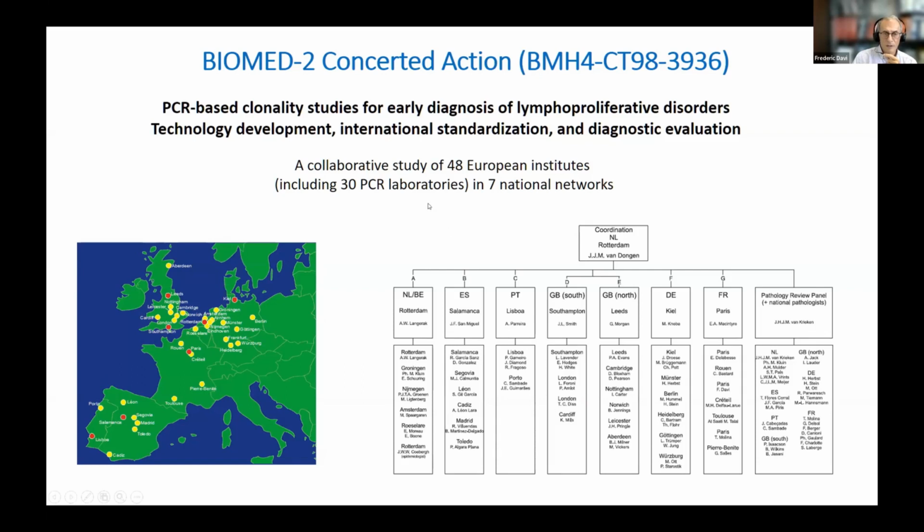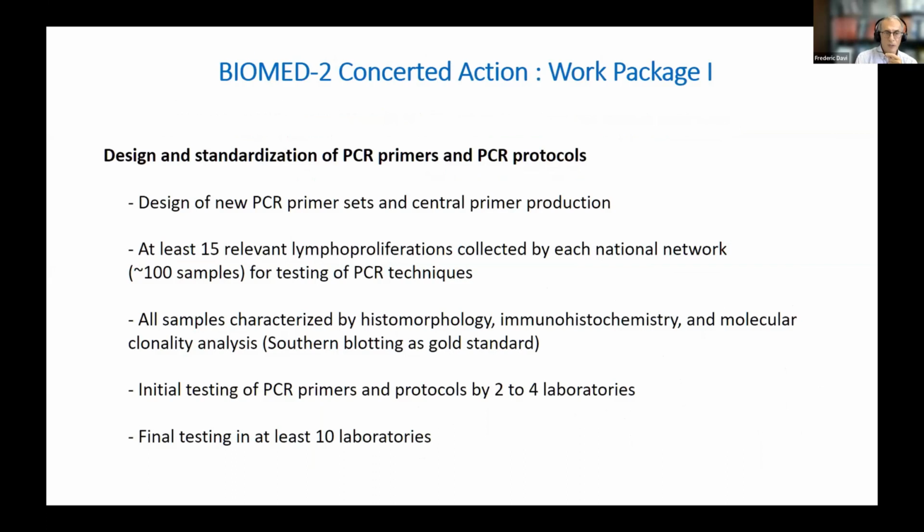And this was, again, as you've seen in the presentation before, a large collaboration study involving 48 institutions. There were molecular labs, but also pathology labs. So we designed the primers and the protocols, and there was a central production of primers, and we tested these primers on a collection of samples.